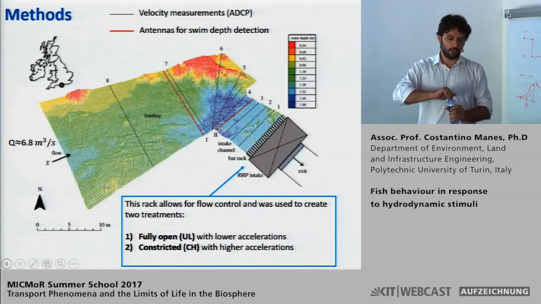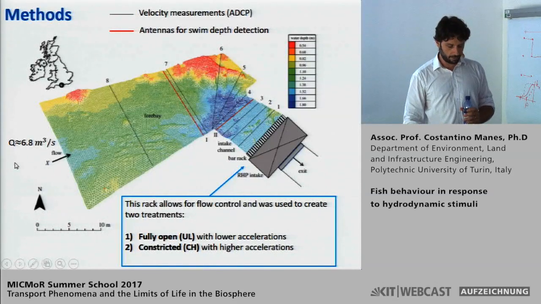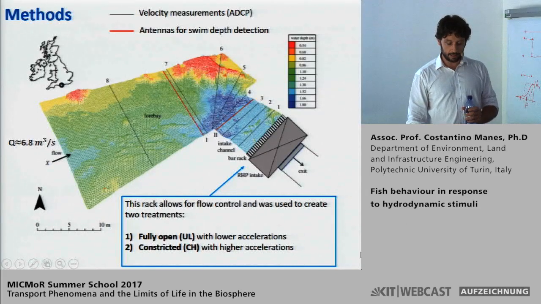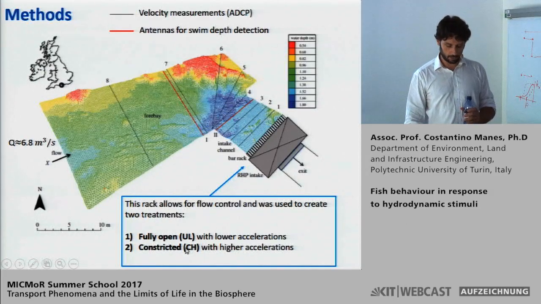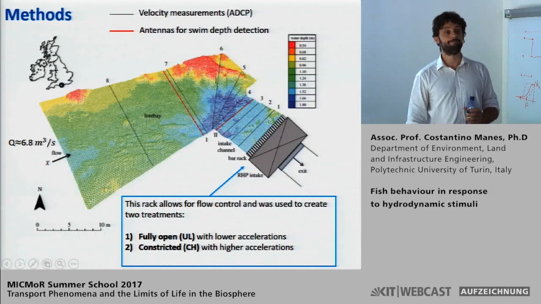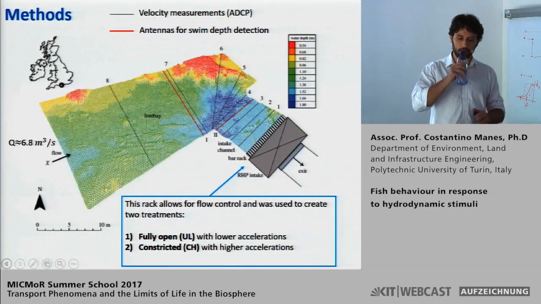What we did essentially was to put some eels in here further upstream from the rake and monitor their movements, I'll show you how, until they escaped. And we monitor that under the fully open, which is the control treatment, and the constricted conditions. That's what we did.